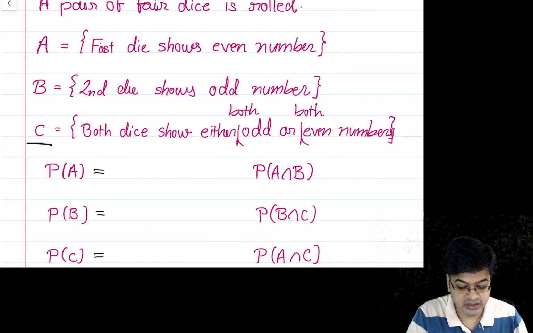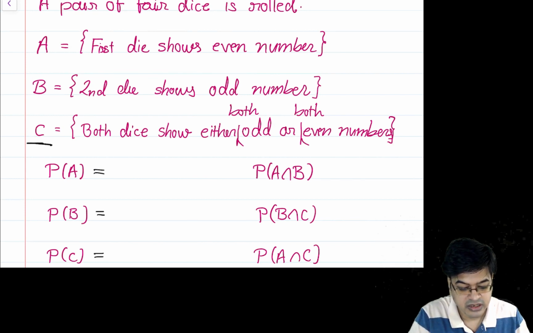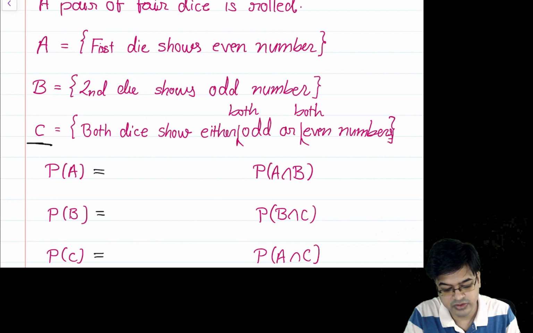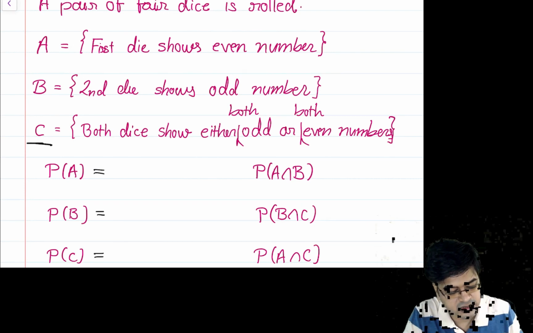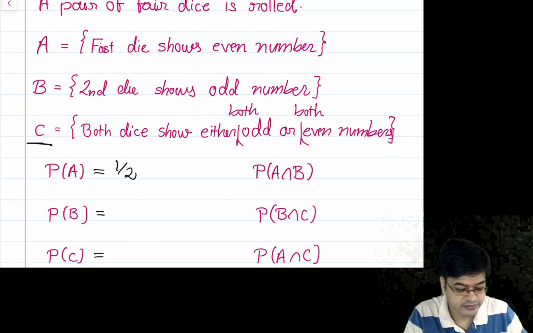Naturally it will be the number of even outcomes in this. So if you want, you can list all 36 outcomes and figure out the probability, or it's straightforward that half of the outcomes will be even, half of the outcomes will be odd, so the probability of A will be equal to half.